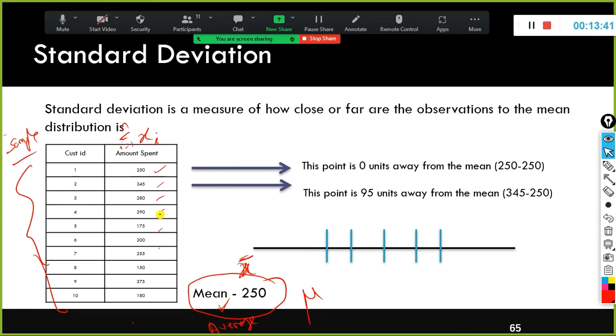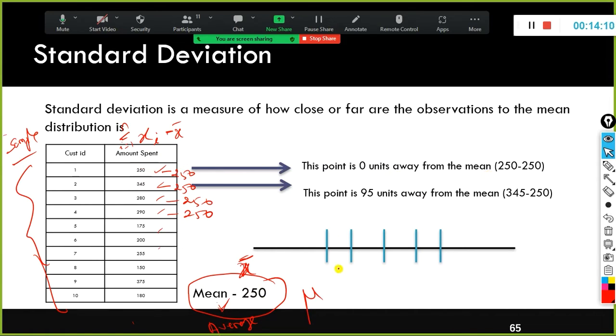You need to subtract the mean from each and every value. So 250 minus 250, 345 minus 250, 280 minus 250, and 290 minus 250. Let us generalize this: xi minus x bar. So 250 minus 250 is 0, which means this value is 0 units away from the mean.